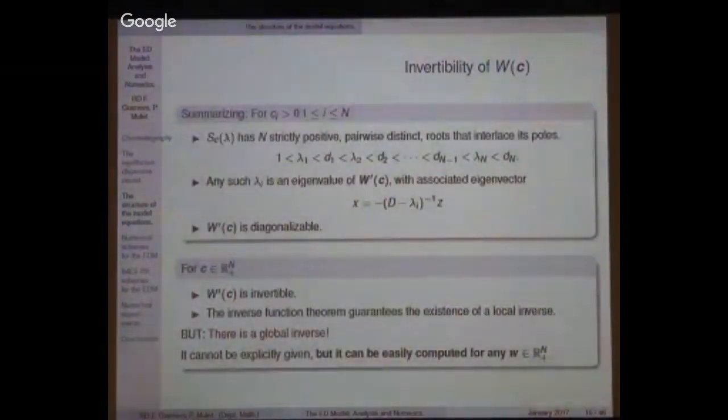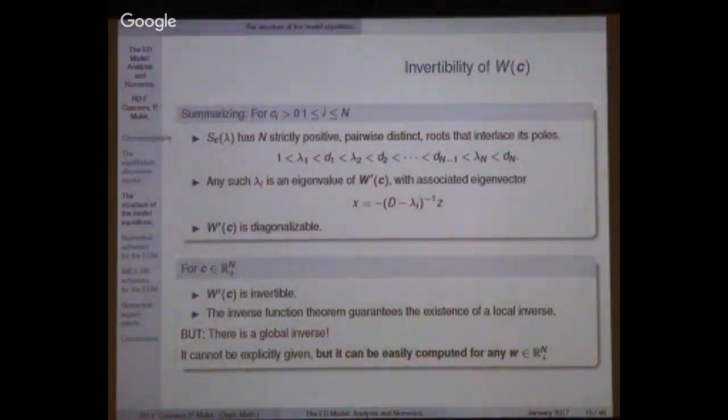Now, if you have all the roots, you can easily show that if all the poles are there, that is, if all the Ci's are positive, then you have all the eigenstructure. That's all there is to it. So if all the concentrations are positive, then this function has this many roots interlacing the poles, and here are the eigenvalues.